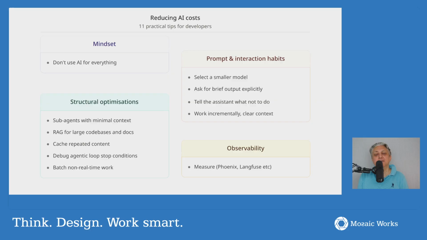And finally, one last category that I want to discuss is observability. And here, what you can do is always measure, look at the logs, optimize. I have used Langfuse for that. It's a pretty nice tool. It's something that you can spin up in your own infrastructure using Docker Compose, and then connect your Claude Code to it, and then watch what is being sent to the Anthropic API.